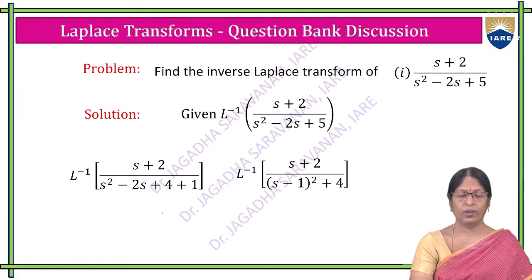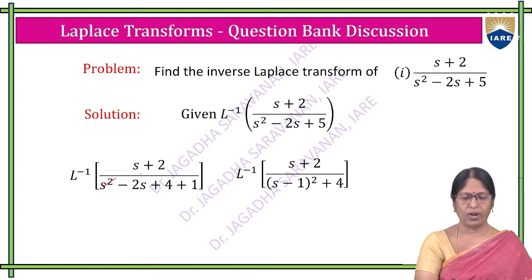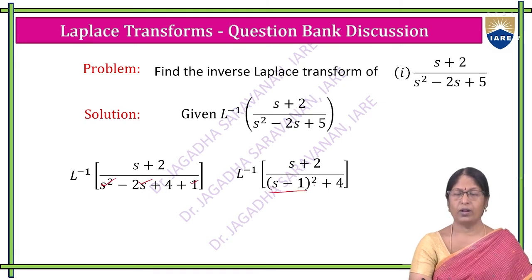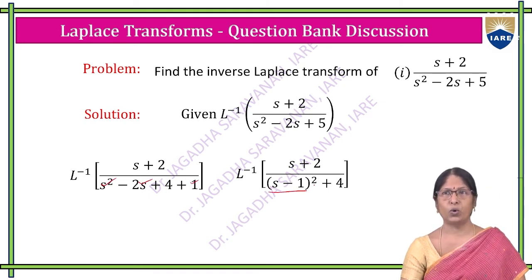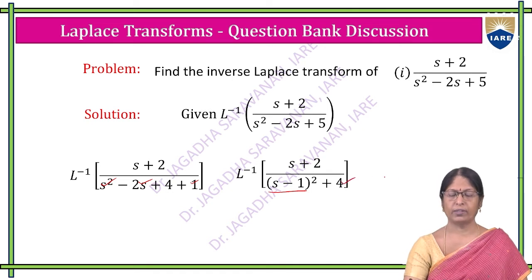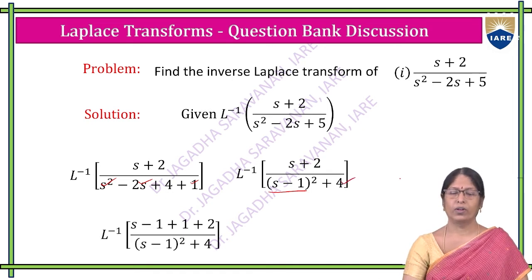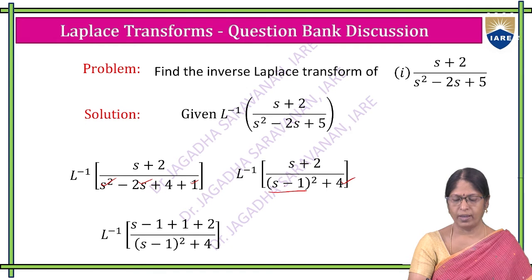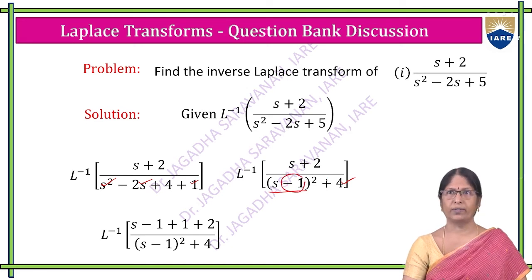So now, putting together 1, 2, 3, we are writing (s minus 1) the whole square, plus 4. Now we notice here s put together, minus 1 is there.